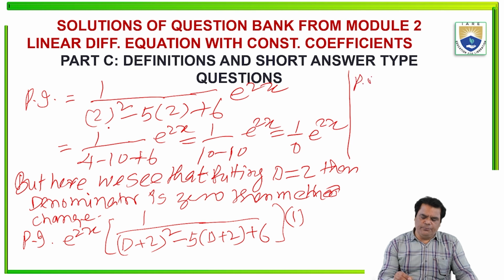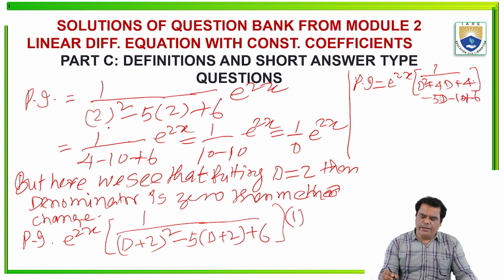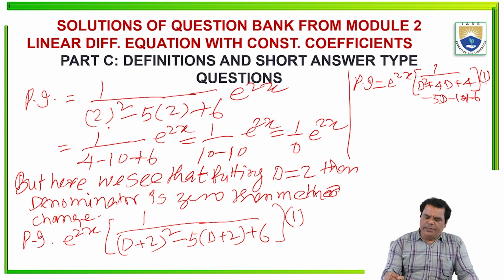PI is equal to, we write here e to the power 2x and here 1 upon D squared plus 4D plus 4 minus 5D minus 10 plus 6.